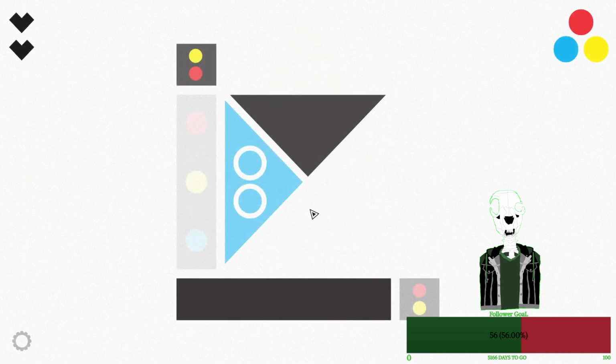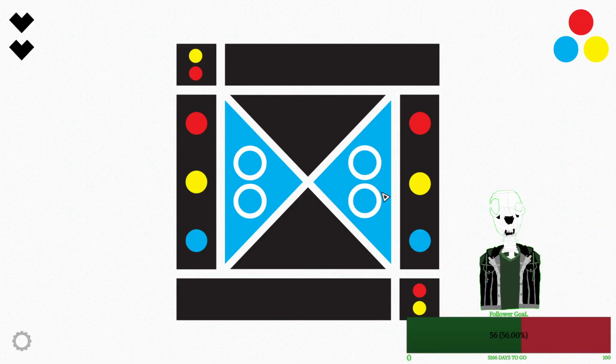I like that I can choose anywhere to go now instead of a set place. 1, 2, 3. It already has the blue, so red, yellow, red, yellow, red, yellow, red, yellow.